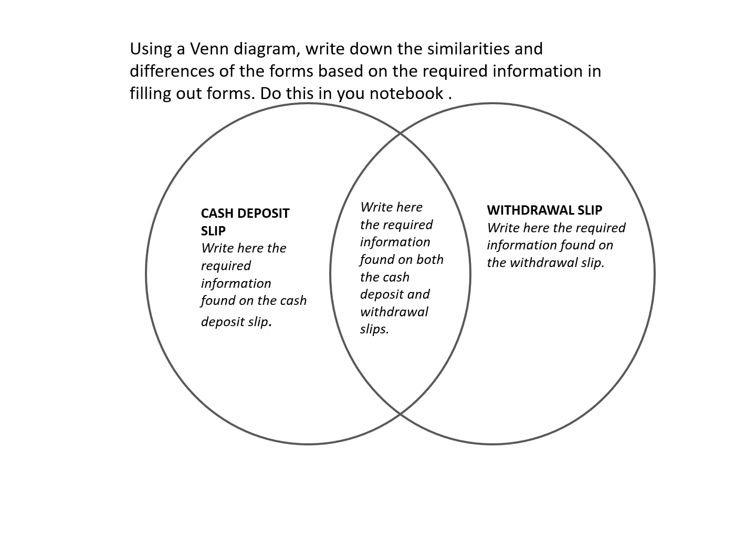While in the withdrawal slip, write here the required information found on the withdrawal slip. Okay, dito sa gitna, you're going to write here the required information found on both the cash deposit and withdrawal slip. Okay, so enjoy your activity.